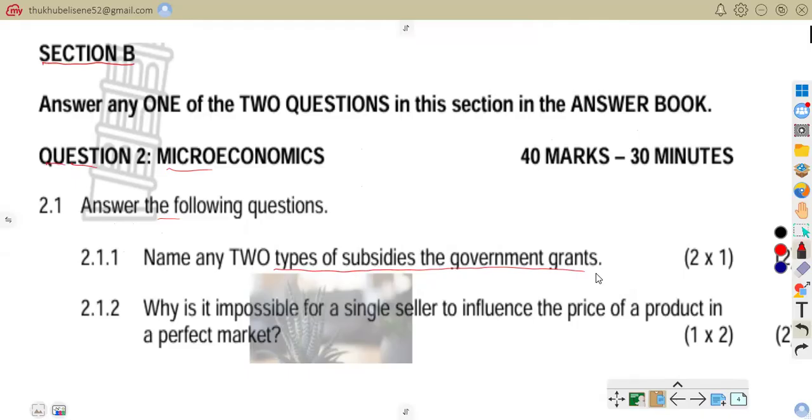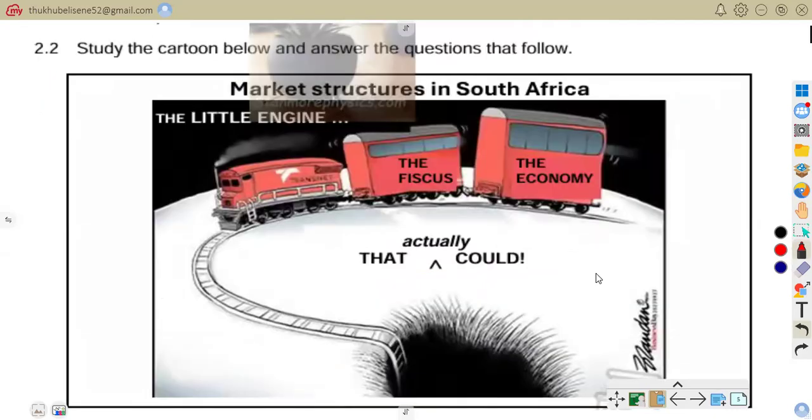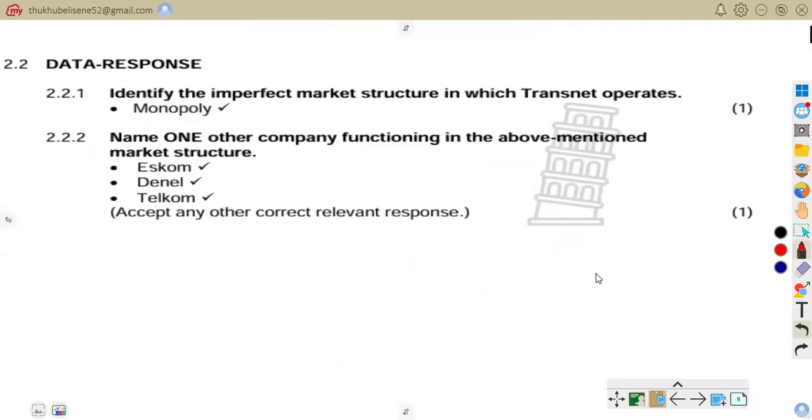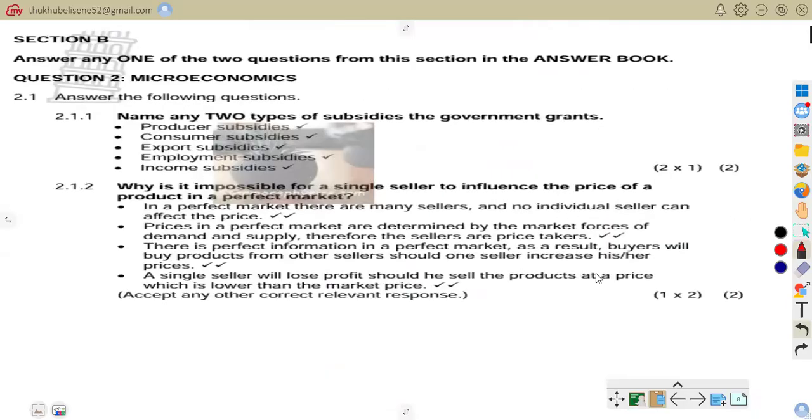That is that. So let us go to our answers. As it says, we are to name two types of subsidies the government grants. You can see we have producer subsidies, consumer subsidies, export subsidies, employment subsidies, as well as income subsidies.